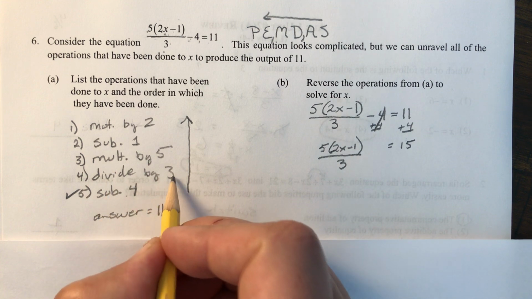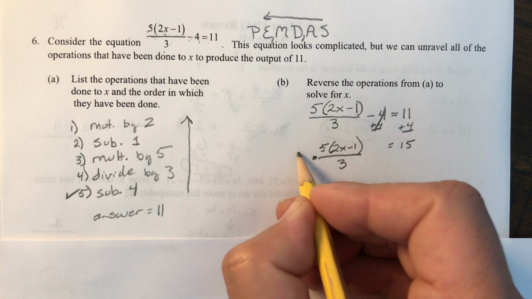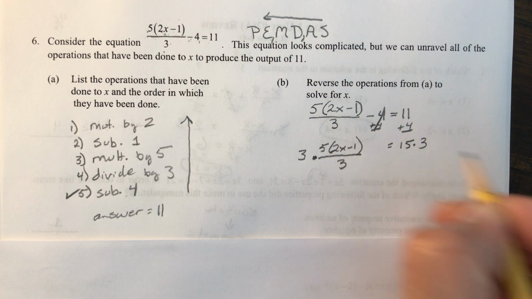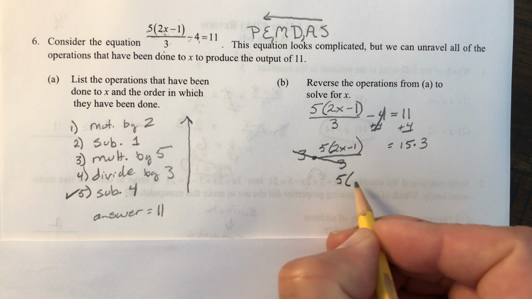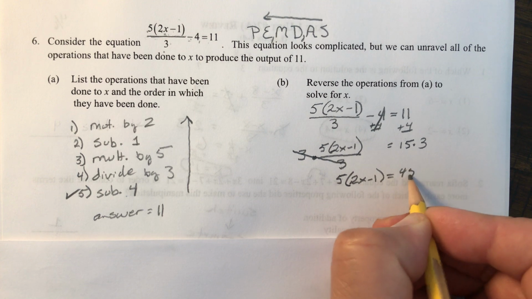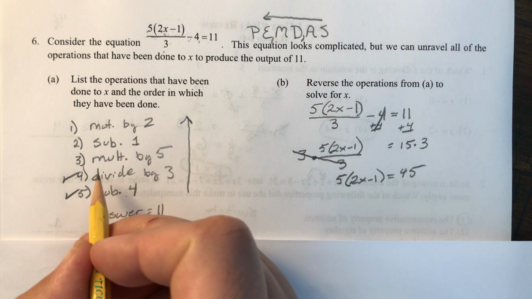Reversing a division by 3. Well, the reverse of division is multiply. Multiply on this side, of course, on that side. The 3's cancel. We're left with 5 times 2x minus 1 equals 45. Okay, that move did it.